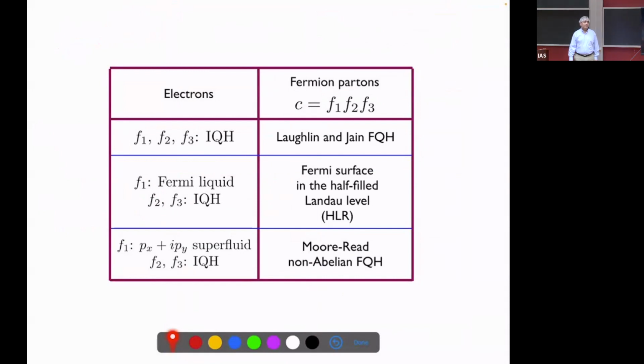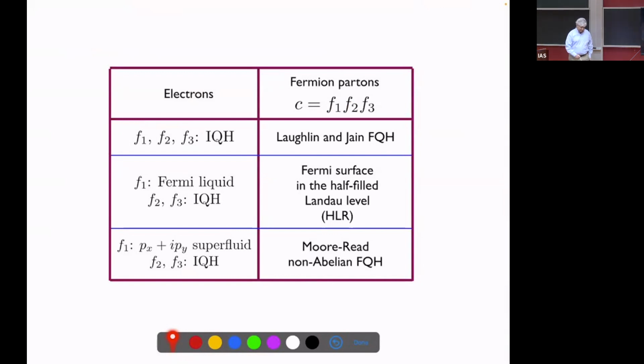So c is the electron then? c is the electron. So you write the electron in terms of three partons, F1, F2, F3, which are all fermions. Okay. And now you can ask, let's treat these partons as nearly free and put them in some state in a magnetic field and then put back the gauge fields and ask what you get.